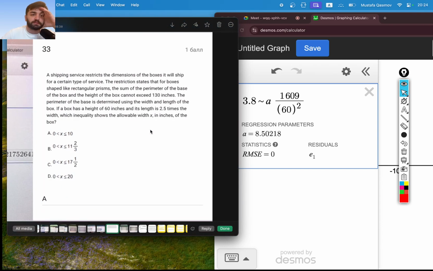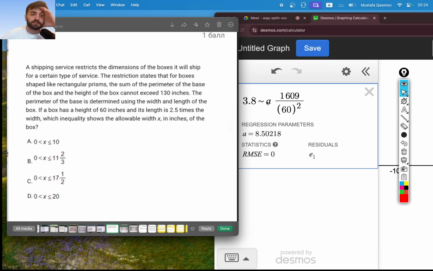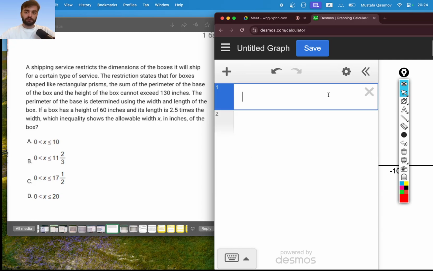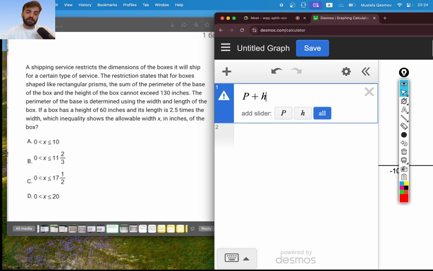Yes. This one, shipping service. Okay, we have dimensions. It says that the sum of perimeter and height cannot exceed, meaning it cannot be more than, so it will be like that.